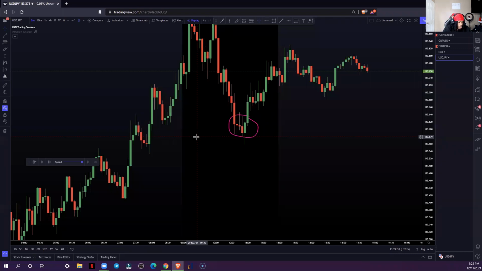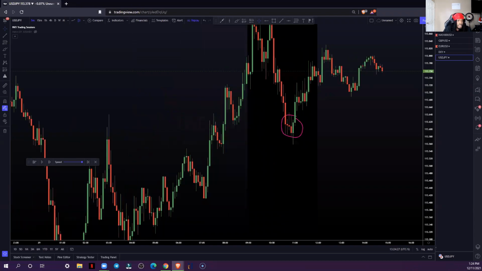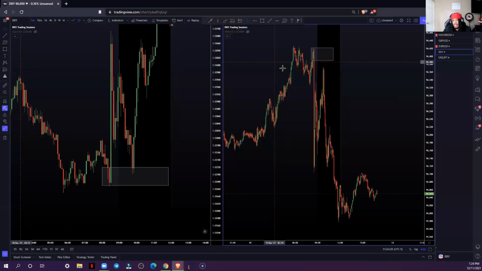Okay, so let's get into the new material because I know some of y'all are like, okay, what's going on? The new material we're about to talk about is the DXY. We got to talk about the DXY because I use this all the time, especially when I trade Euro USD, and this kind of works on GBP USD, but mainly spot this on Euro USD.